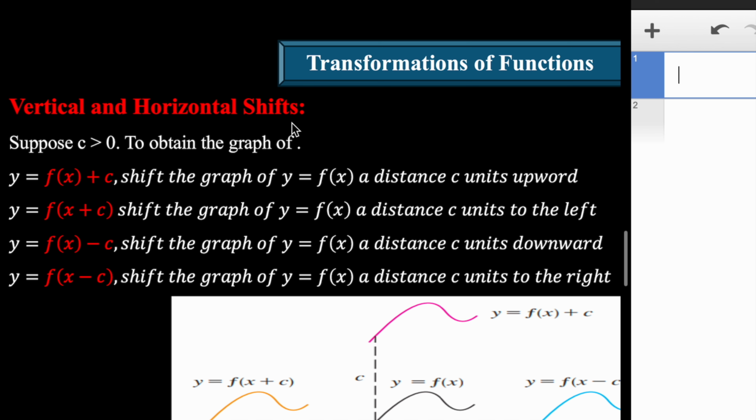You are free to continue with me, or you can continue to the next video, to the next part, which will again be about transformations of functions, but about stretching, shrinking and reflecting of a function. Okay, so we covered for each property of vertical and horizontal shifts one example.